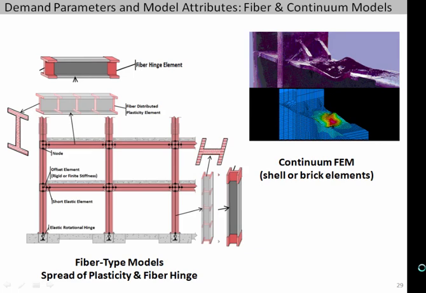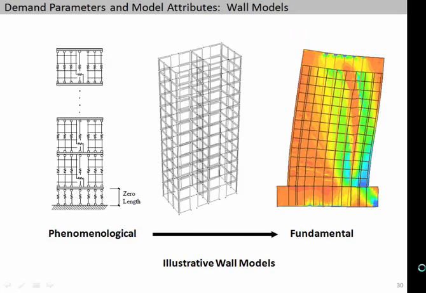There are still limitations there, but of course it's substantially more effort. But the idea is if you don't have a phenomenologic model that captures some of these details, sometimes you could selectively go into deeper continuum models. You wouldn't analyze the whole structure with them, but you might analyze components with them to help inform your analysis.